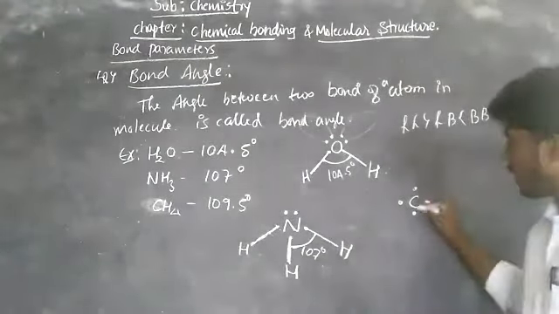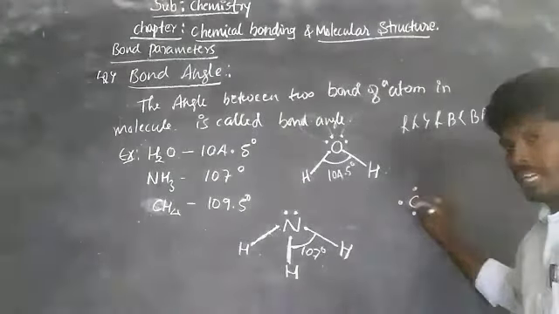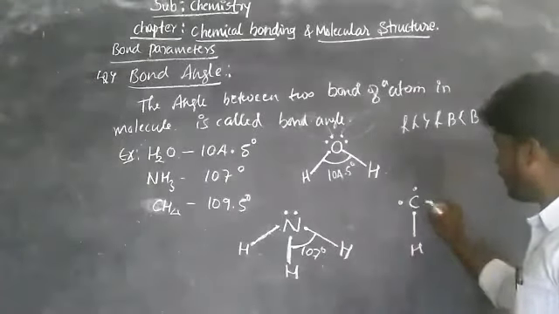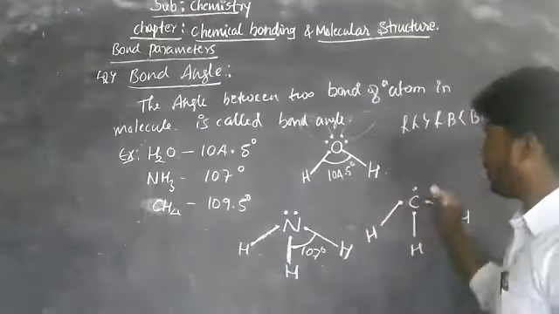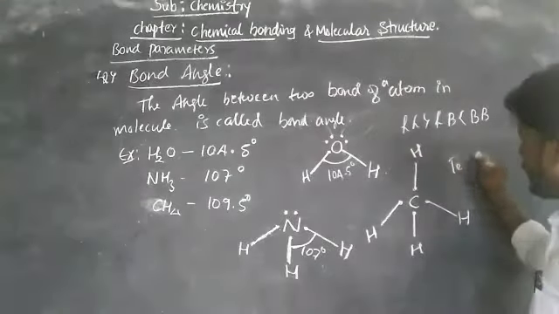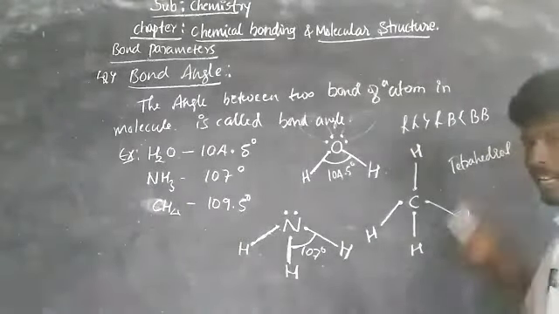Now these four are arranged at equal distance around the carbon. It makes a bond with each hydrogen atom. Similarly, this one. Now this is called tetrahedral geometry, the tetrahedral shape.